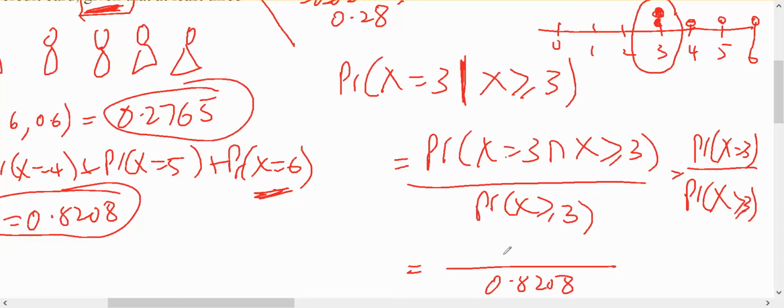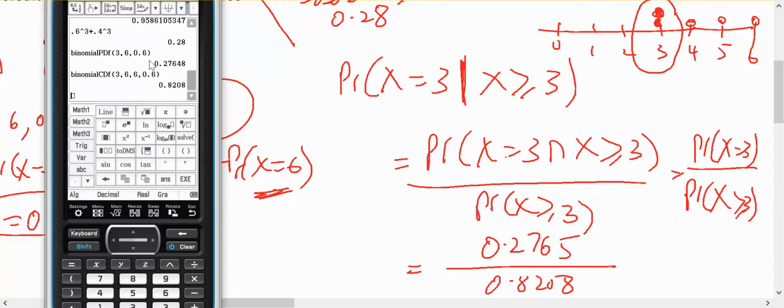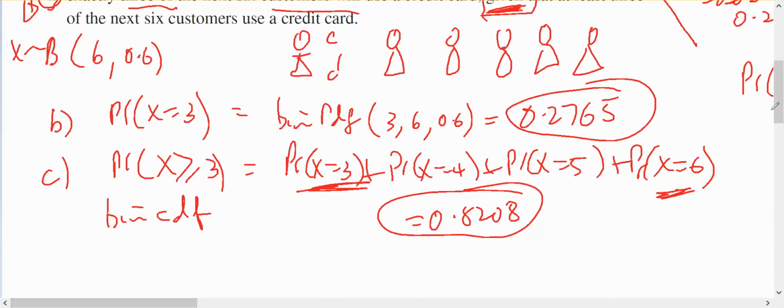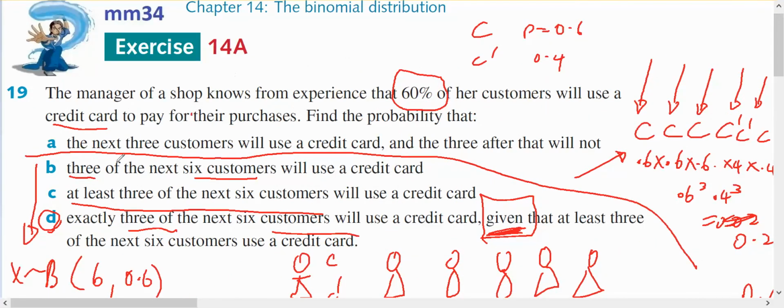That was the probability of equaling 3, 0.2765. So it's the last two answers, so I'll take that answer and divide it by that answer. It's not always the last two answers, it happened to be in this case. So 0.3368.